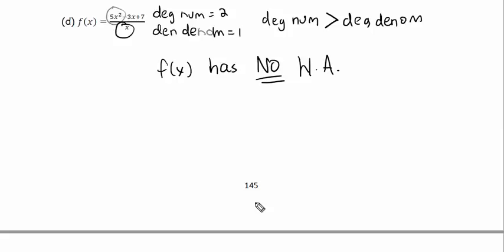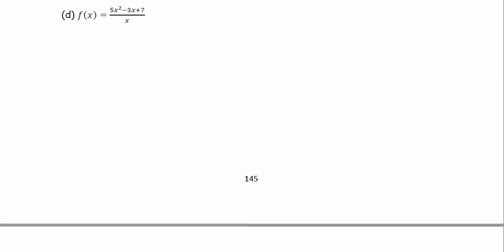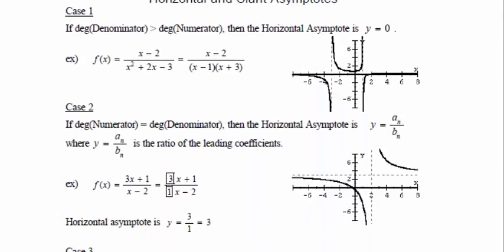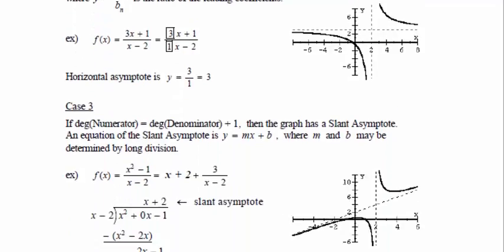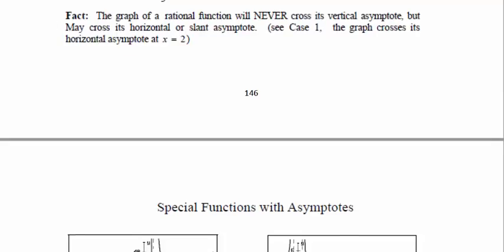Alright, the next 2 pages are just here to give you some other examples of things you might see on your journey through calculus. I'm not going to find the slant asymptotes, because I just want to focus on the horizontal and vertical ones.